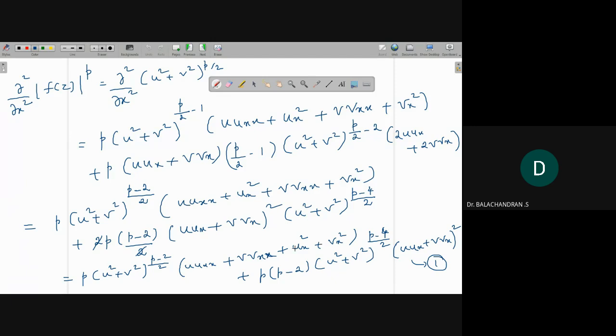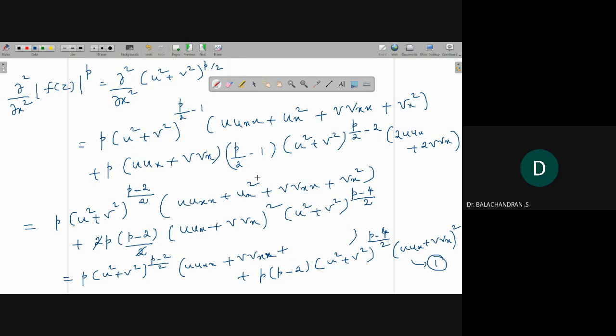Actually, this one you can write what? This one ux square plus vx square is what? Modulus of f dash of z square. Then I can write that one instead of, otherwise I have a very big term.